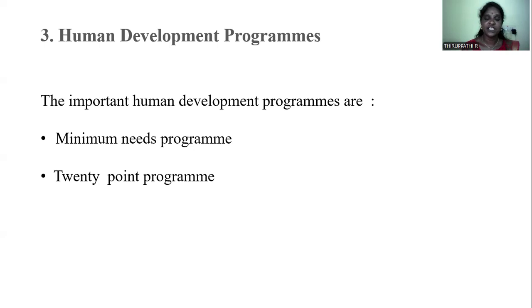The next is the 20-point program. The 20-point program was started in the year 1982, but it was restructured in the year 1986. The 20-point program is introduced by the government to remove poverty in the economy.